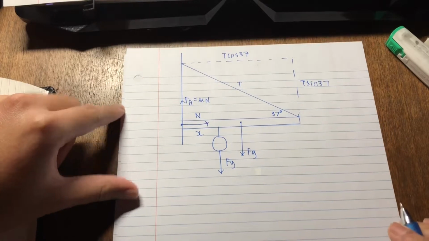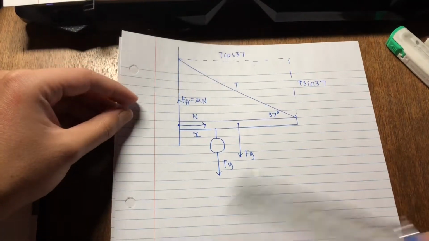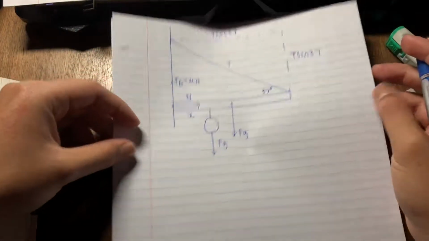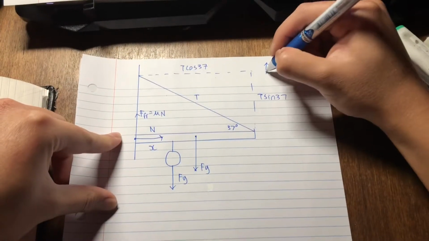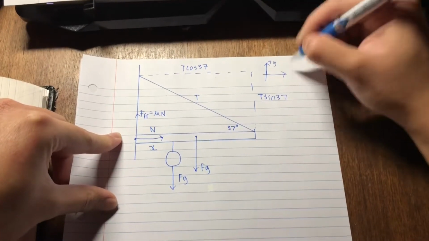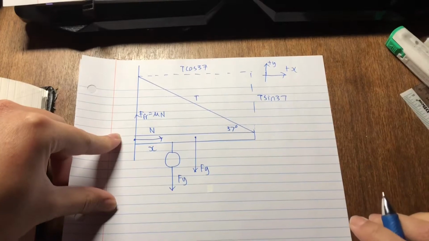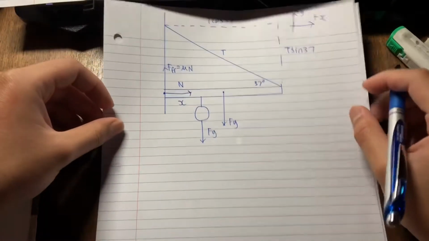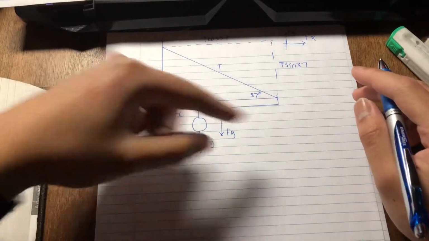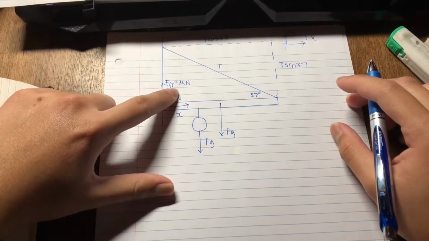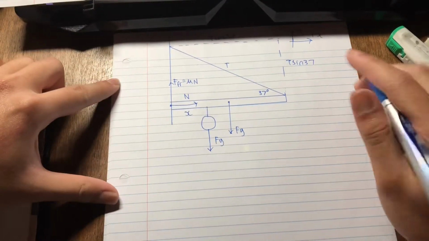So to start solving this problem, you're going to want to sum up your forces in the x and y direction. Real quick, up is positive, and to the right is positive in the x direction. Let's sum up our forces in the x direction so we can find the normal force, and then we'll know what our friction is.